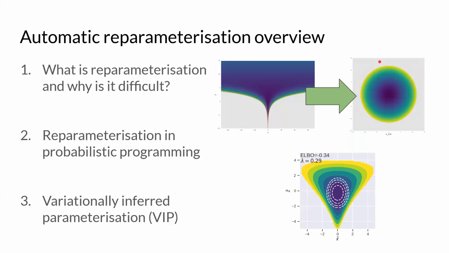For the rest of the talk, we're going to see what is reparameterization, what is model reparameterization, how do we do it, and why is it difficult. We're going to see what it looks like in the context of probabilistic programming and how we can use the fact that we work with probabilistic programs rather than just some density that we defined in a Python function, to our advantage.